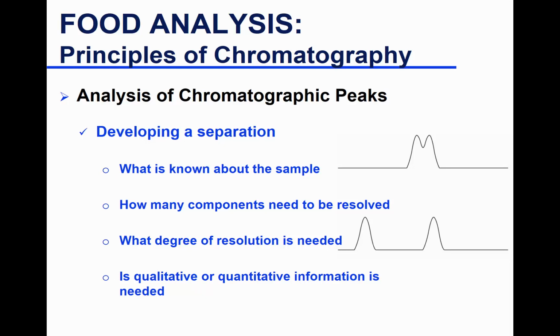I bet you anything you want to do is published already. It's very hard to find something novel these days because it's been years and years of research. So the first thing you do is look up what information is out there about a method, what we know about the sample, how many different carotenoids I might have that I need to resolve, and what degree of resolution I need.